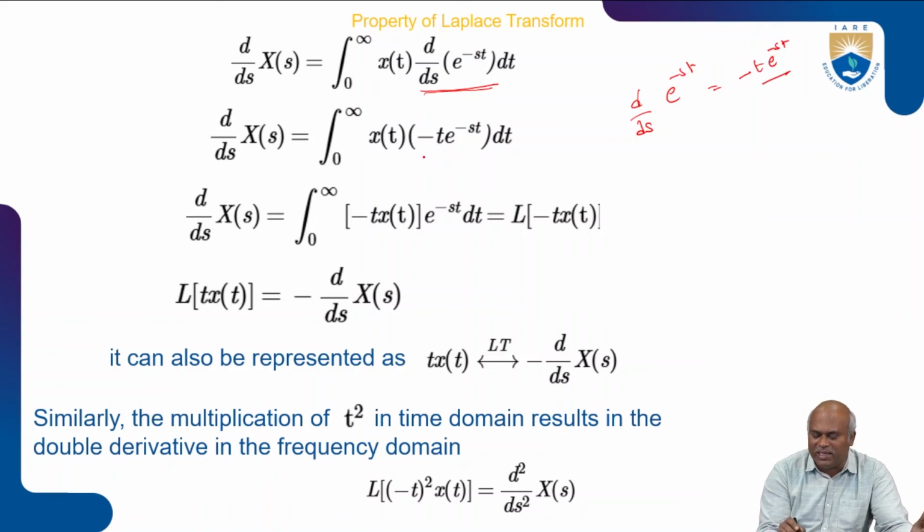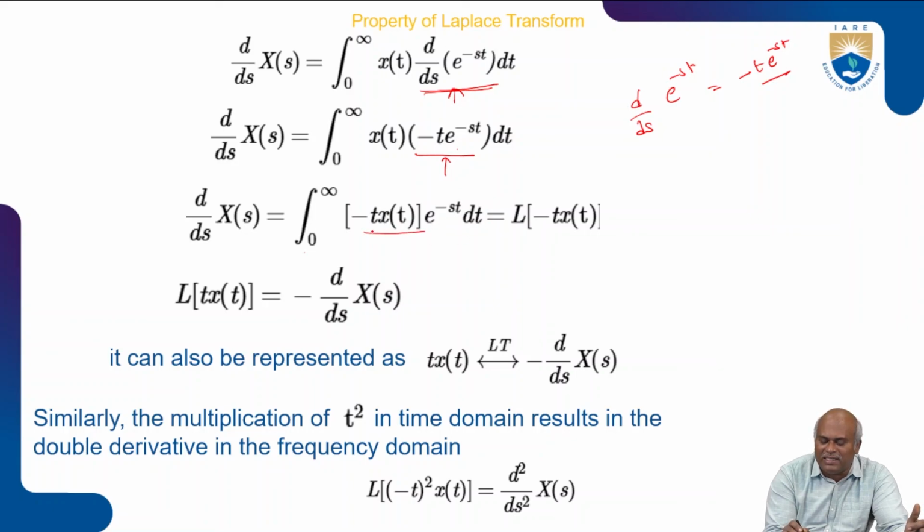Now we substitute this value. The equation changes to the integration from 0 to infinity of x of t times minus t e power minus st dt. This minus t and x of t we take together, so the equation is the integration from 0 to infinity of minus t x of t e power minus st dt.